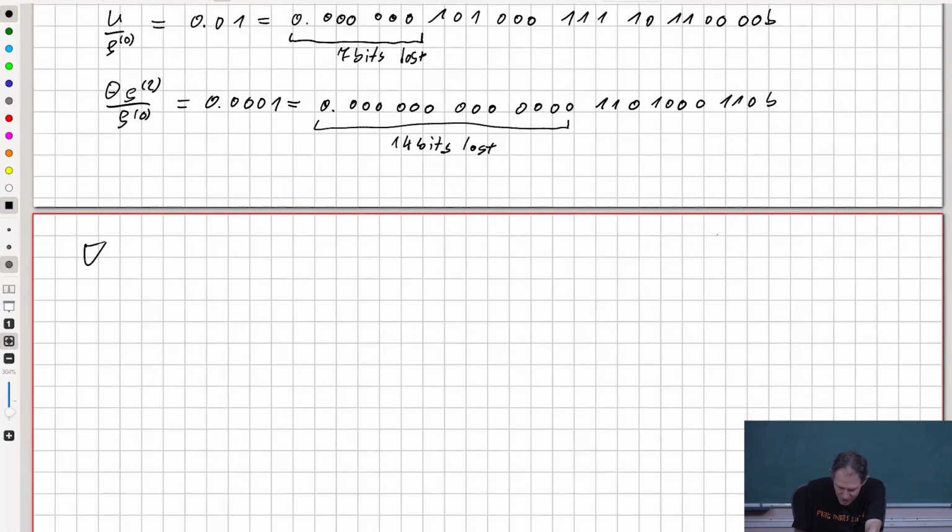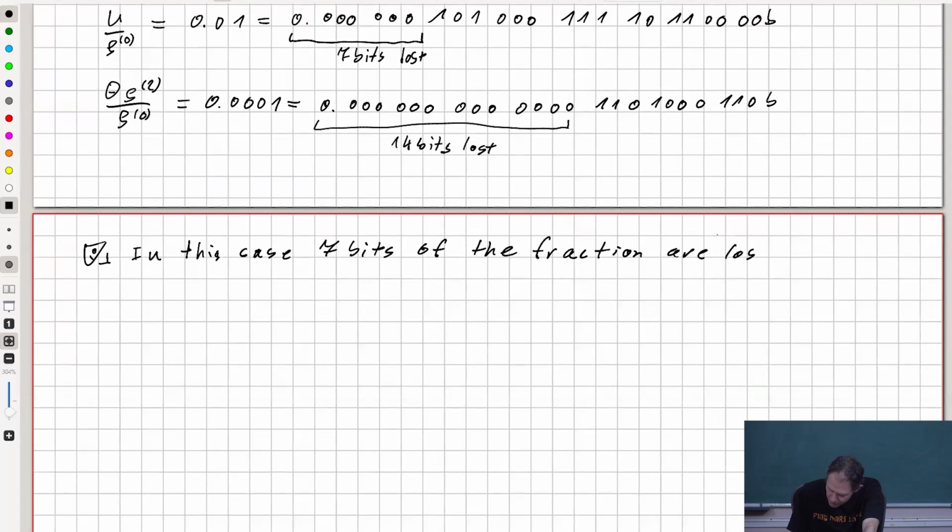Okay, today is potentially a little bit too much text, but this is on. So in this case, 7 bits of the fraction are lost at each order.